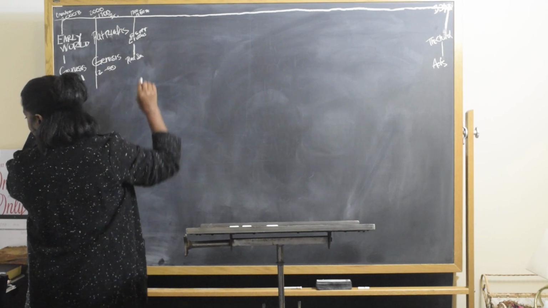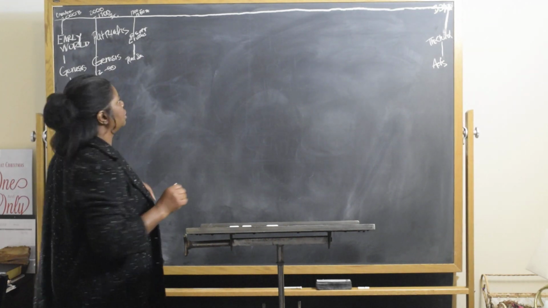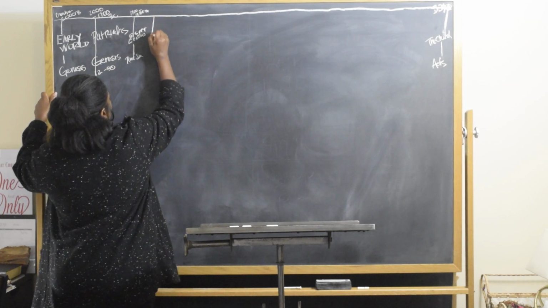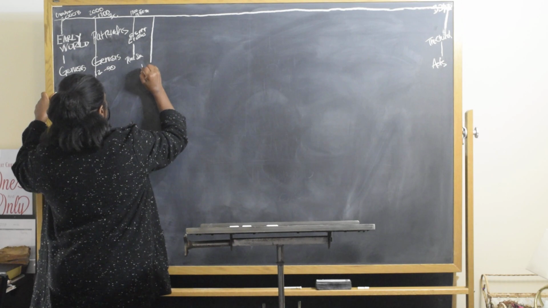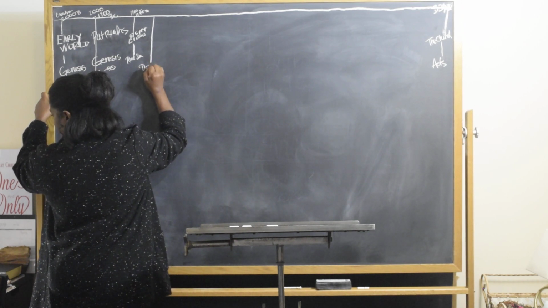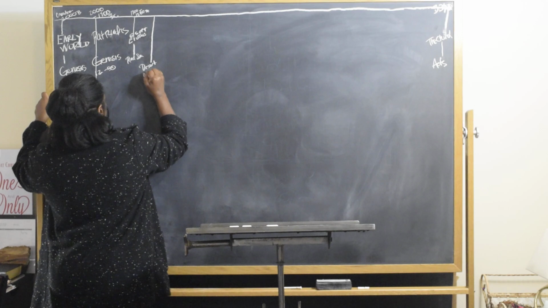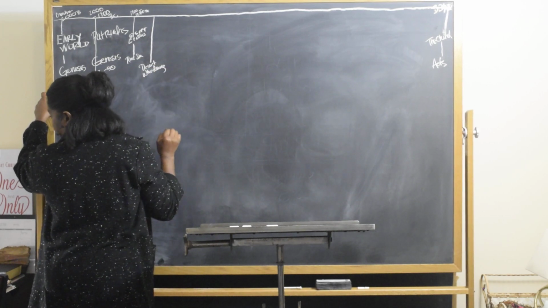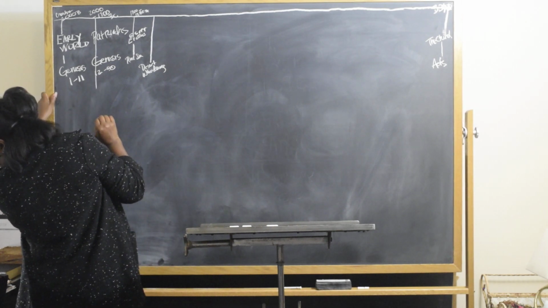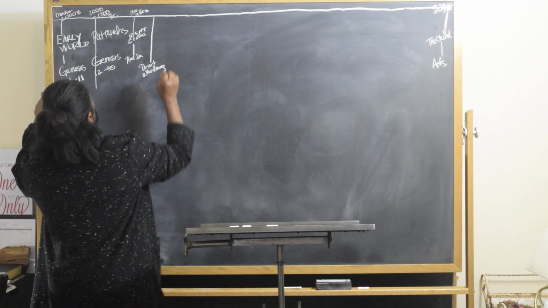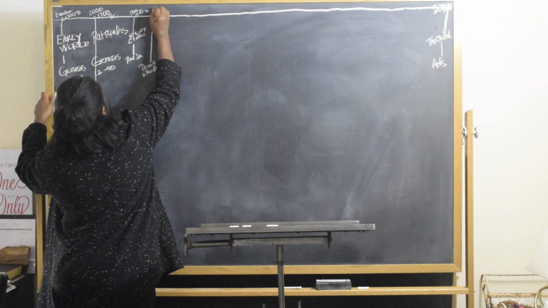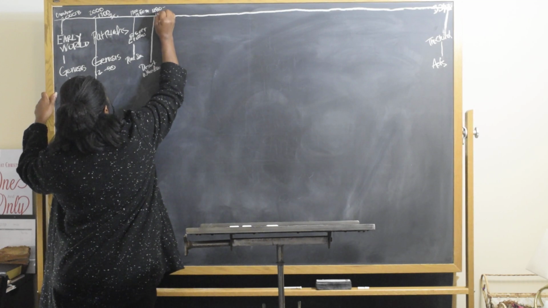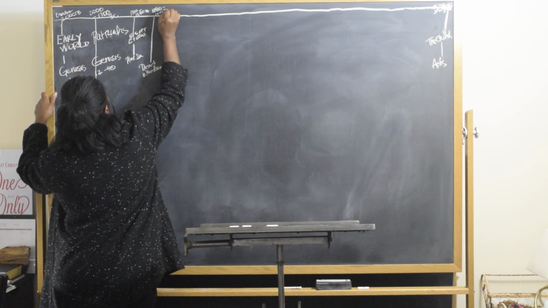Then next we have desert wanderings. Desert wanderings. We're going to bring it down a little bit. Desert wanderings, and that is from 1280 to 1240 BC.